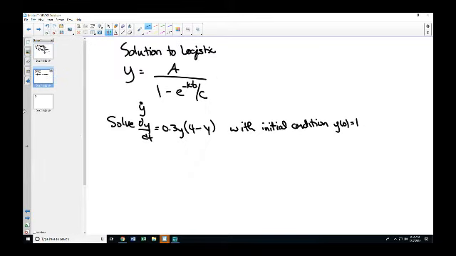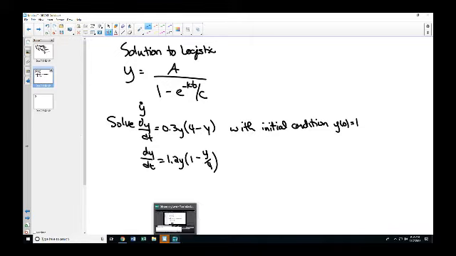Is there a 1 there? No. How do I make it a 1? Just divide by 4. Take a 4 out, right? So factoring a 4 out, I now have 1.2y times (1 minus y over 4). Correct.